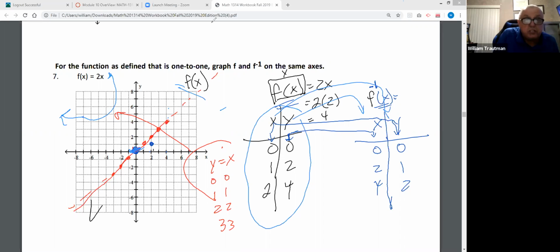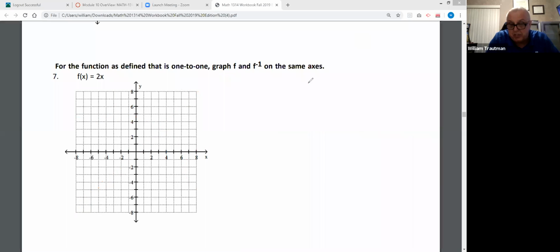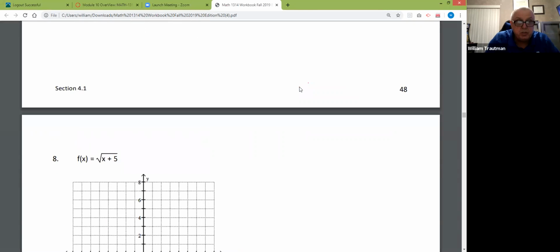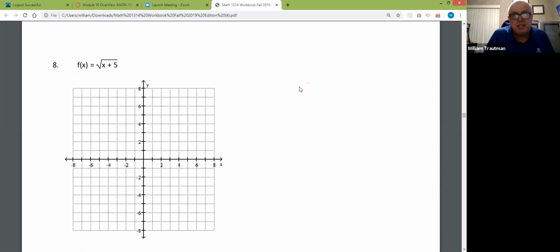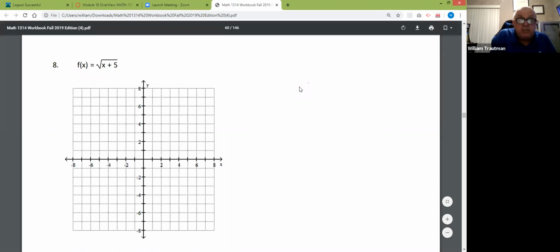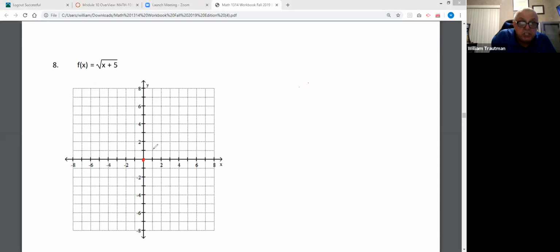Oh, and here's an example. Actually, I think we're going to have an example. Let me see if we have an example down here. I'm going to check. If not, I'll create my own example. Yes, this one right here. So let's do this one. This is an example where they won't cross. Let me draw the y equals x line first to show you: 0, 0; 1, 1; 2, 2.